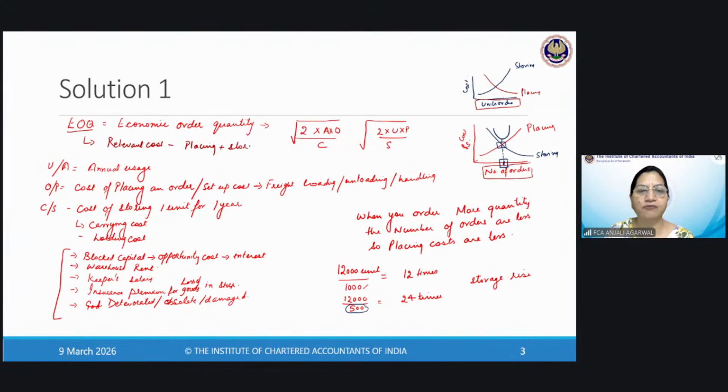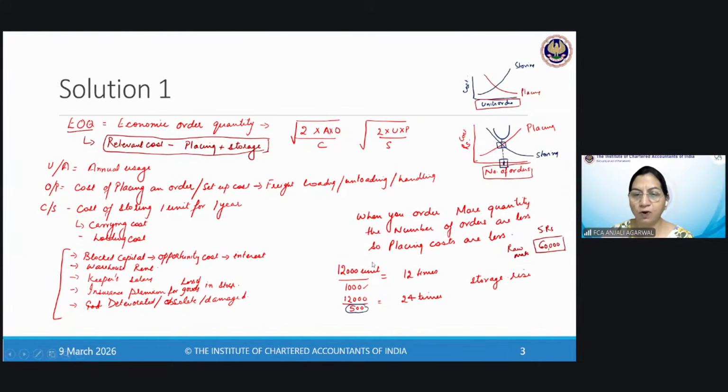Although when you order products, you also incur one more cost, which is the cost of the raw material. So if the raw material is costing 5 rupees per unit, then 12,000 into 5, 60,000 would be the raw material cost. If you order 12,000 units in one go, you pay 60,000 altogether.